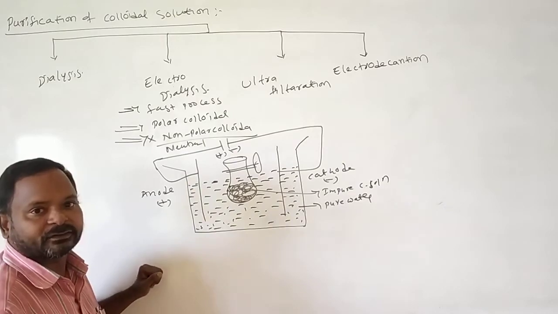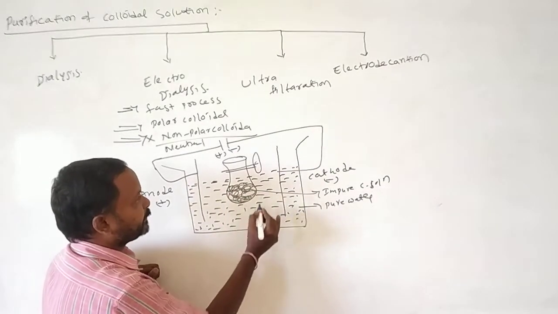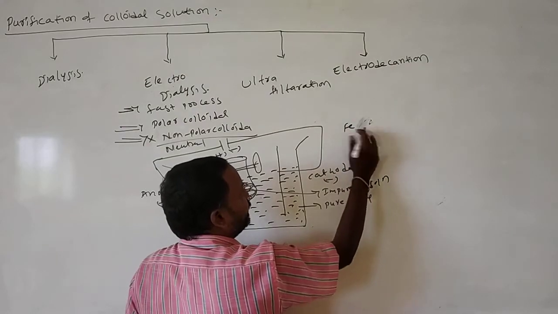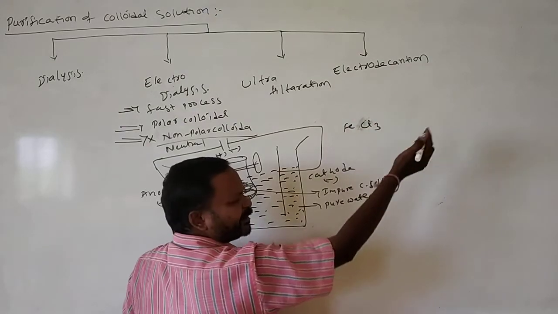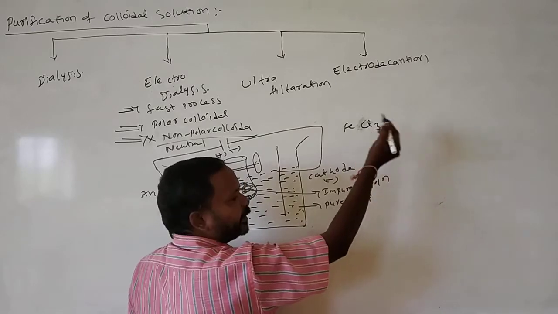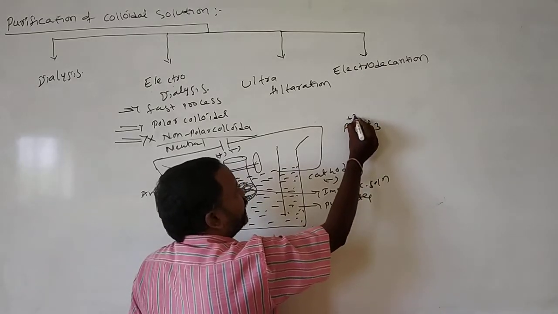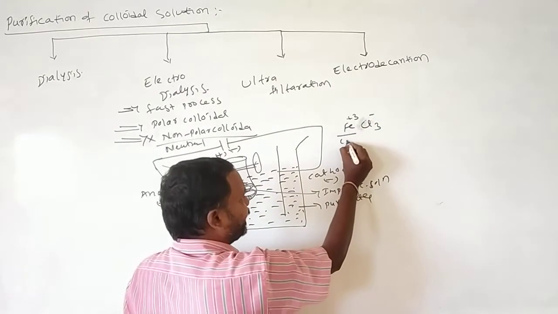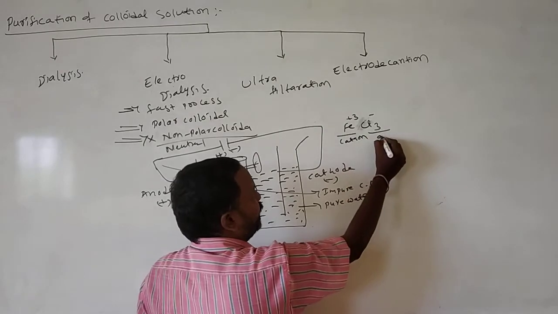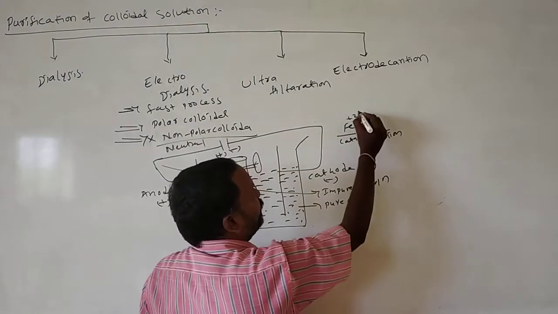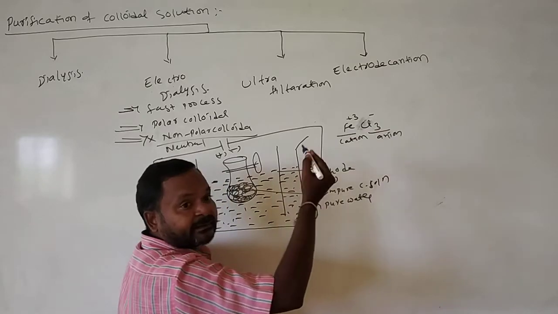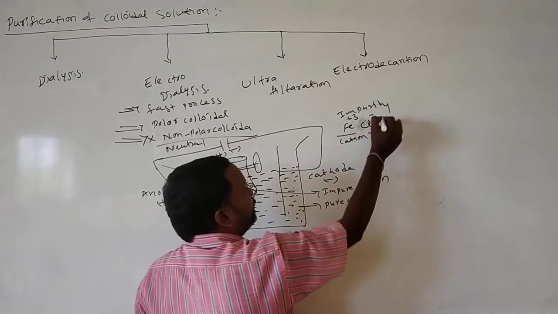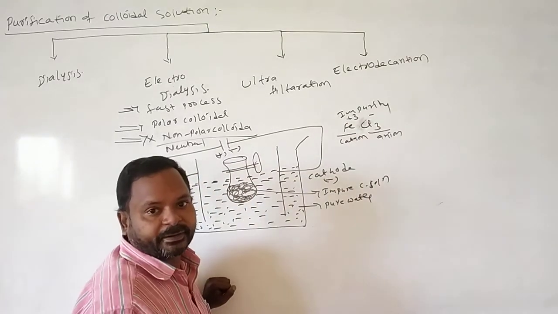If any colloidal solution has impurities like ferric hydroxide or ferric chloride, anyone, iron chloride, Fe3+ and Cl-. This is the cation, this is the ion. This ferric chloride is present as an impurity in the colloidal solution, and it is a polar impurity.